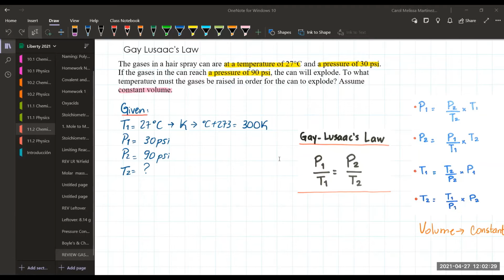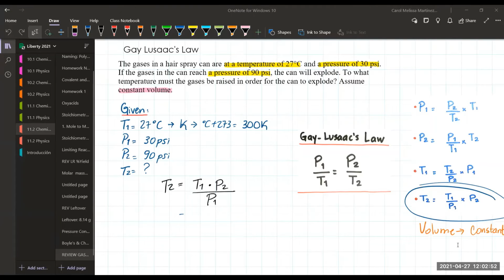So now I'm going to focus on the formula for temperature 2, and I'll write it down and replace by the givens. Temperature 2 is going to be equal to temperature 1 times pressure 2 divided by pressure 1.